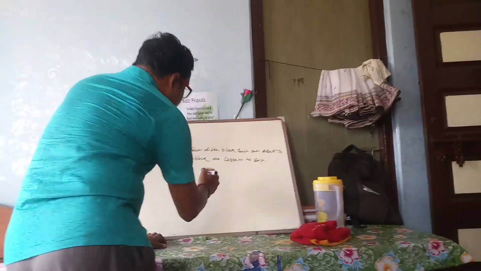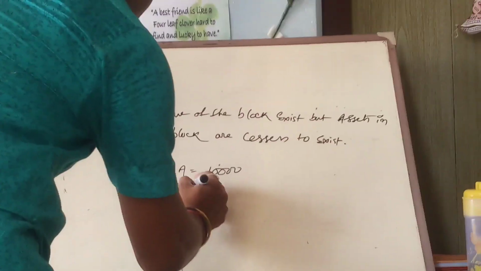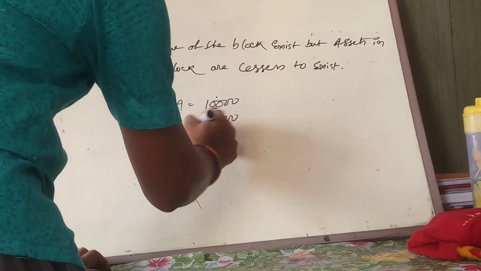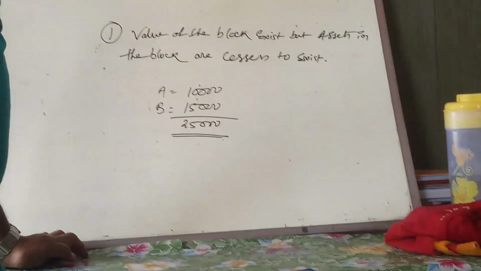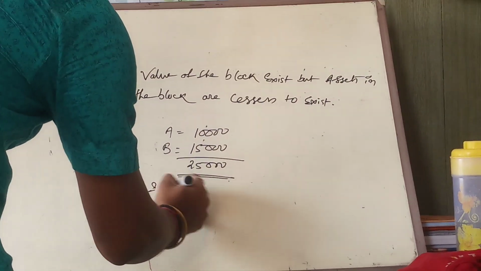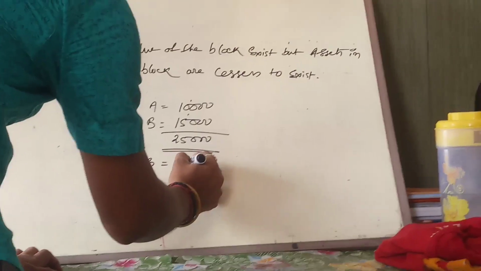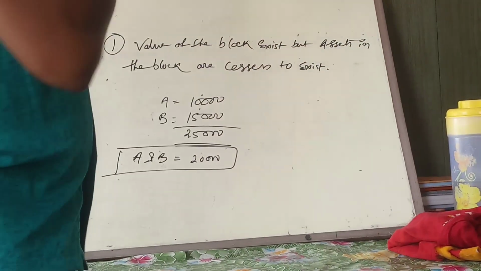So for example, the same example: A asset 10,000, B asset 15,000, total 25,000. Now if we want to sell both A and B assets at 20,000 total, what will be the situation? What will be the effect?